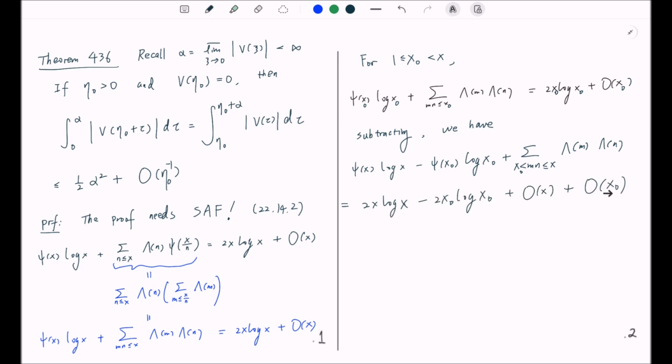Because x naught is less than x, we can merge these two big O's together as big O of x.